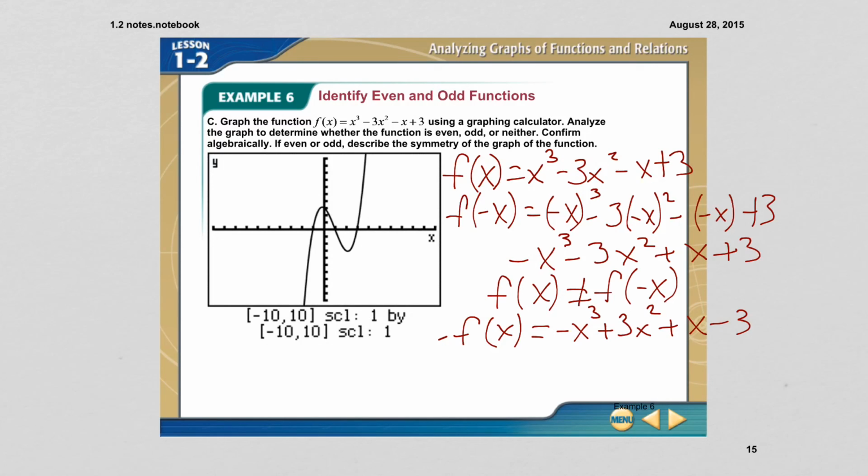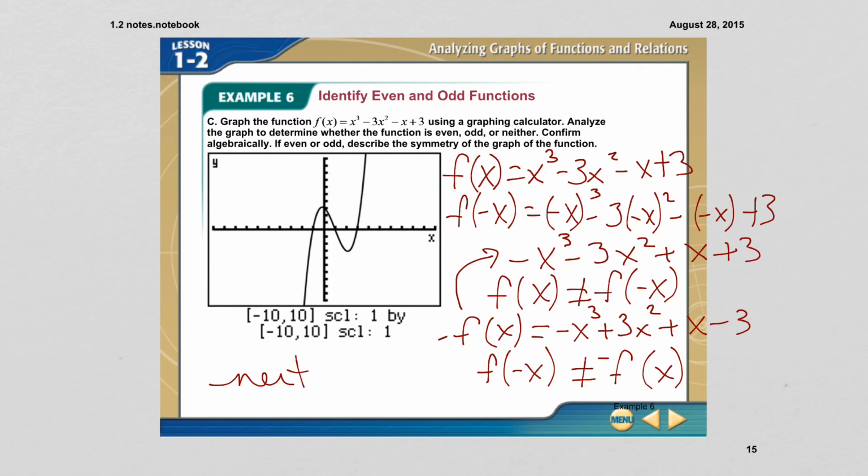Okay, f of negative x, comparing it to this, they are not equal. So f of negative x is not equal to negative f of x. So it is neither.